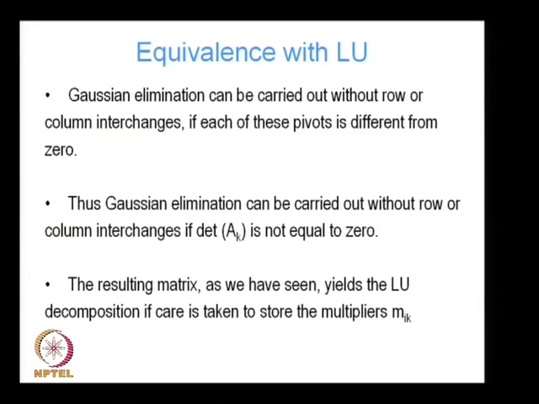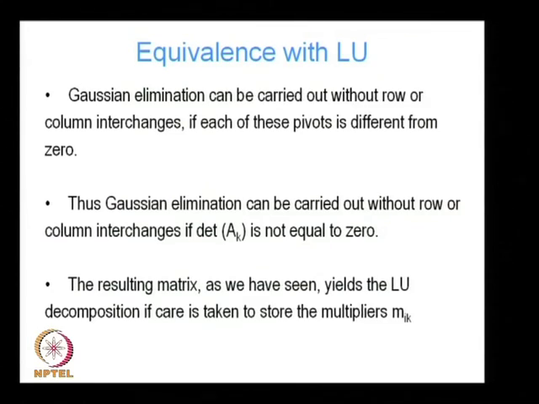So, Gaussian elimination can be carried out without row or column interchanges if each of these pivot elements is different from 0. Each of these pivot elements being different from 0 means U_k has positive determinant, L_k by definition has positive determinant, so A_k always has positive determinant.